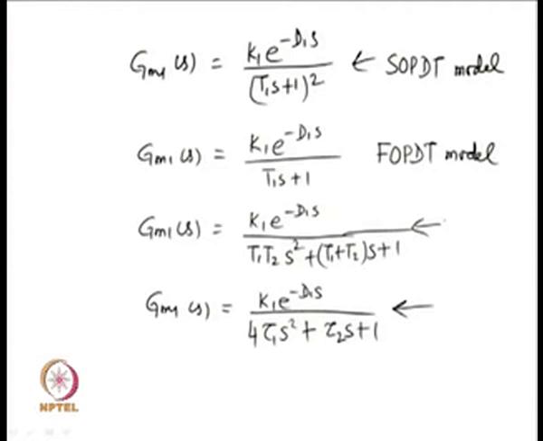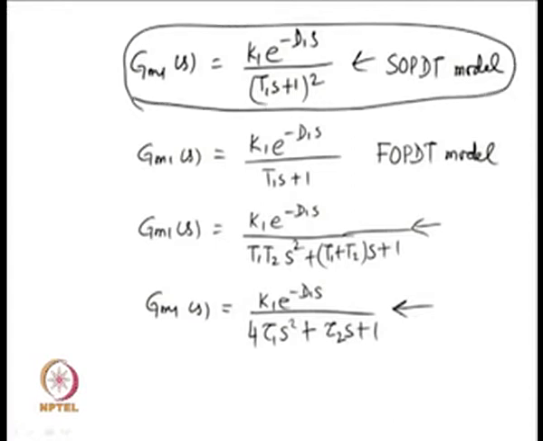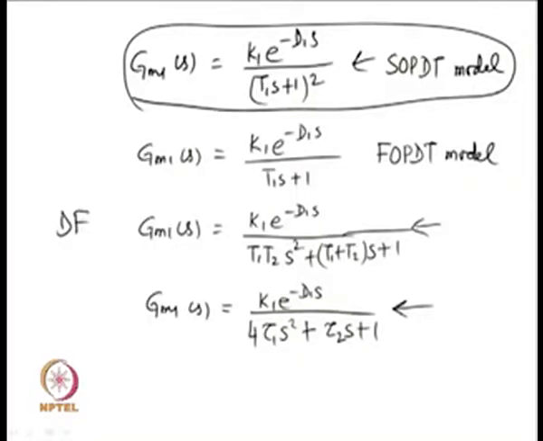So, no doubt the analysis may not be restricted to only the second order plus dead time model we have chosen, rather we can use any sort of model, but there is one limitation. We shall make use of describing function in our analysis. When you make use of describing function, it does not result in more analytical expressions, only the phase and magnitudes of describing functions or the analytical expressions involving describing function can be considered.